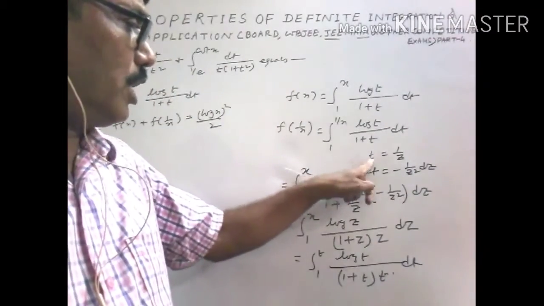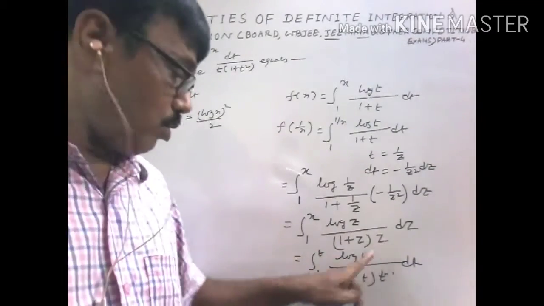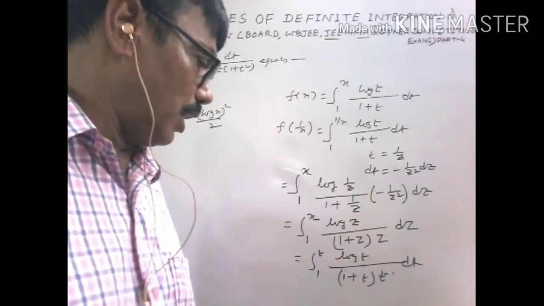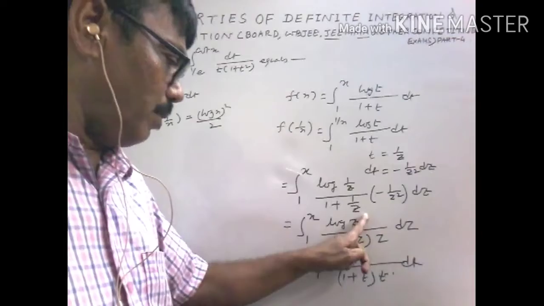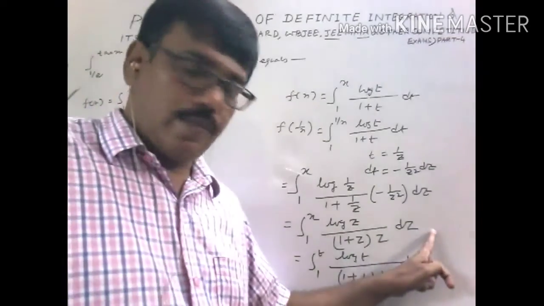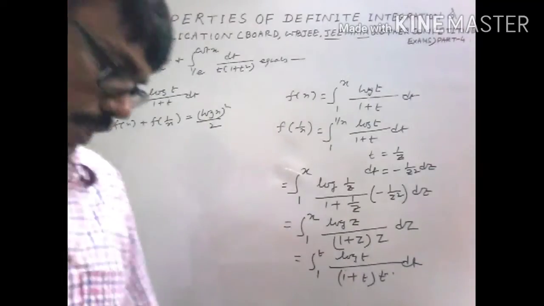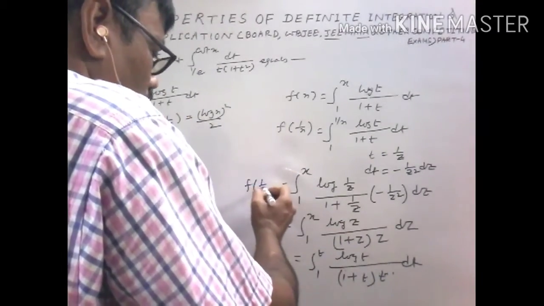So you may think there is a transformation t equals 1 by z. So how is this one 1 by z? But look, we are using properties of definite integrals. So first we may interchange this dummy variable z in terms of y. Then y to t, we get this one, omitting one step. Now this is f(1 by x).